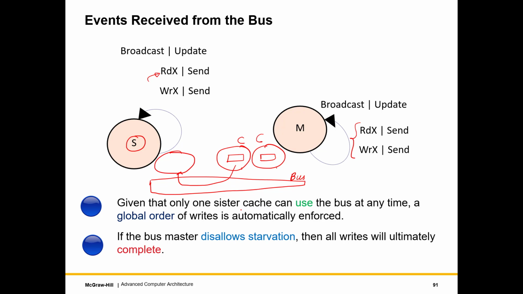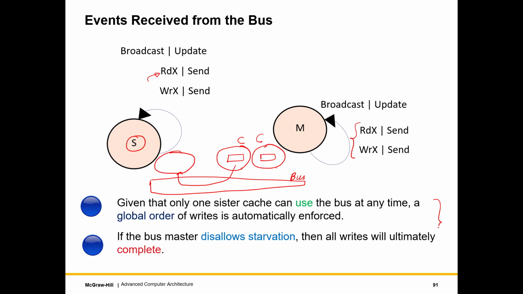So here, of course, given that only one sister cache can use the bus or get permission to the bus at any point of time, a global order of writes is automatically enforced, the same order in which you acquire the bus. And also the bus master disallows starvation, in the sense that if every write ultimately gets access to the bus, then all writes will also complete.